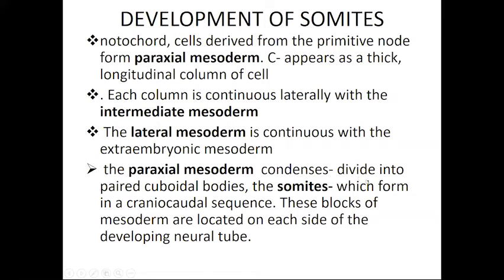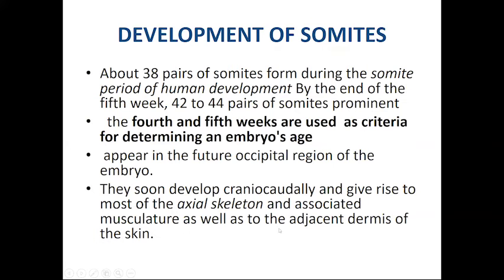Paraxial mesoderm condenses and divides into cuboidal bodies, the somites, and blocks. These are all located on each side. That is when the vertebral column is developing and the brain is developing. The somites are developing. About 38 pairs of somites form during the somite period of human development, and by the fifth week there are about 44 pairs.